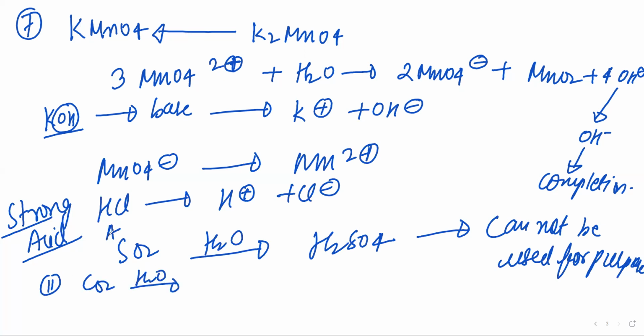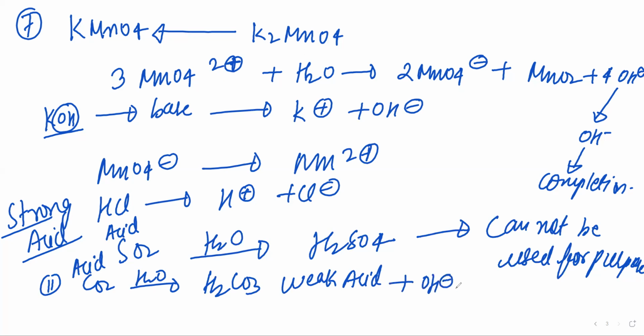These gases like SO2 and CO2 are acidic in medium. So CO2 reacts with water, it forms H2CO3, right? So it is a weak acid. It reacts with OH minus, but can't be much acidic, right? Then MnO4 minus undergoes reduction. So it will go under the reduction process.